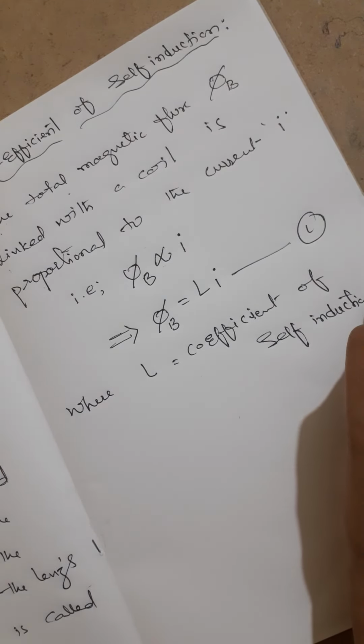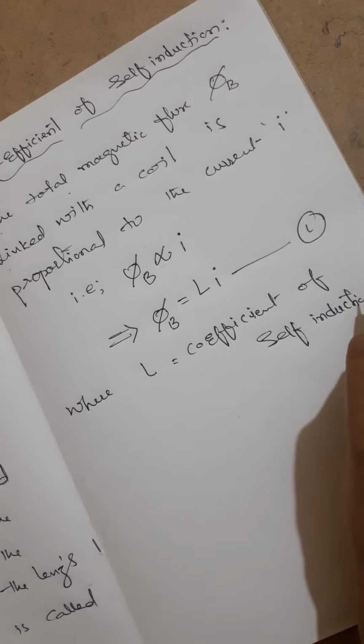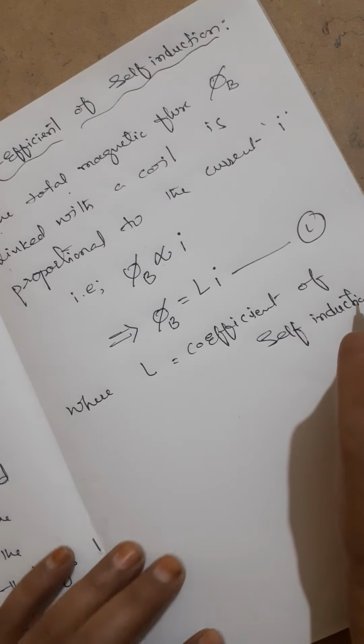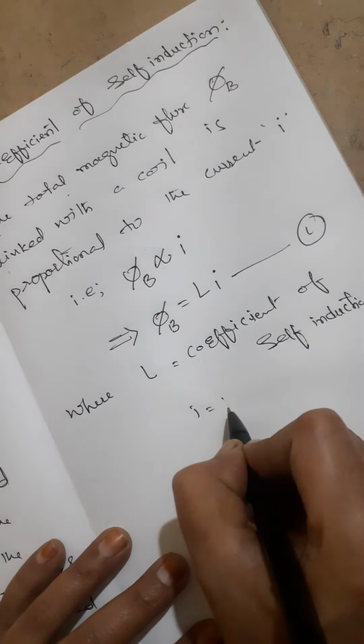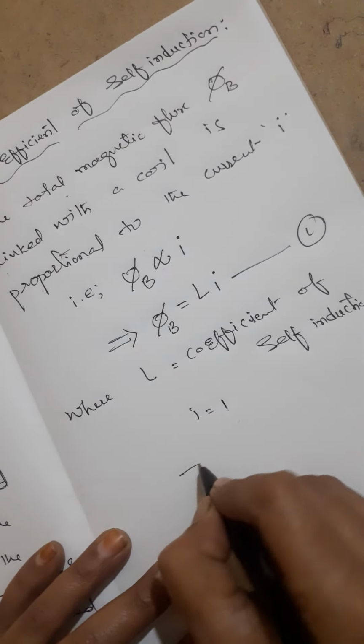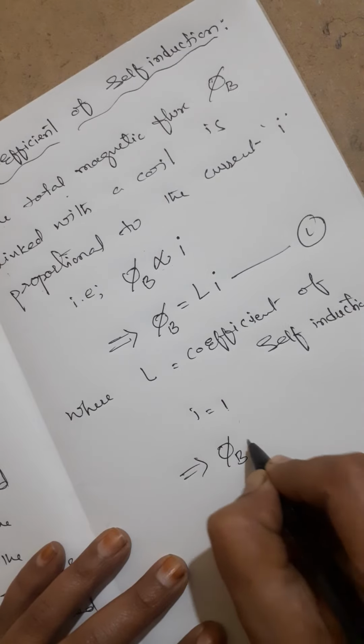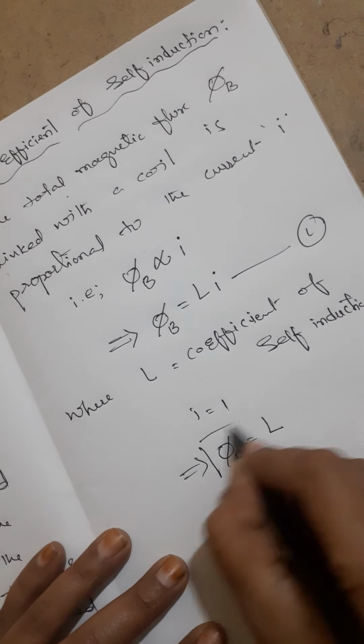Now, when unit current flows through this circuit, or we can write I is equal to 1, this implies phi b is equal to L. Okay.